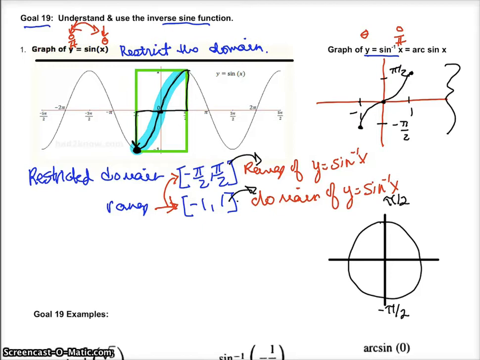And as we move up through the inverse sine, I have 0 radians. As we continue, I would be at pi over 6 radians, pi over 4, pi over 3 radians. So I'd like to also mark those on the unit circle.